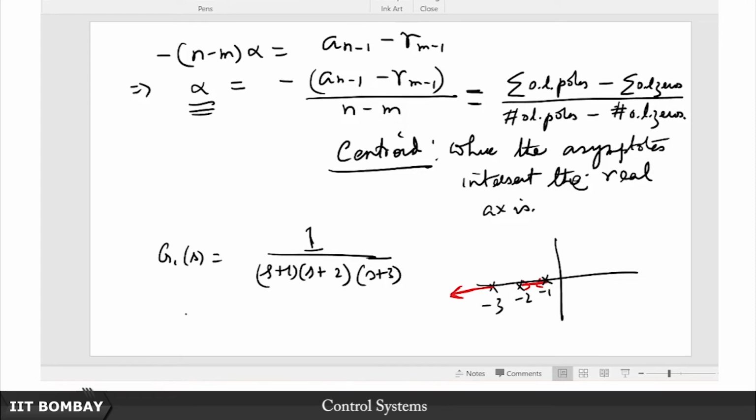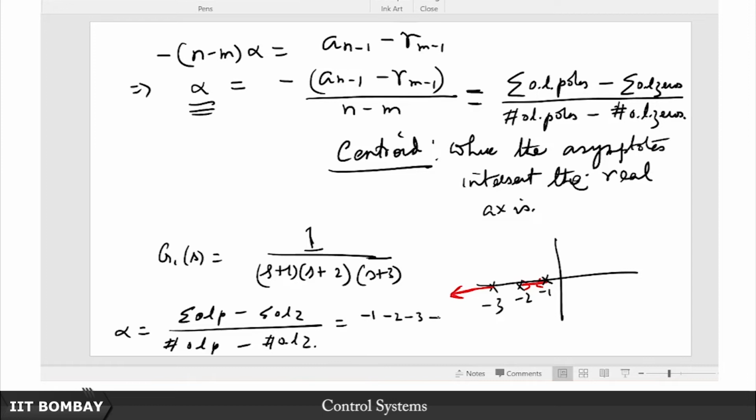So what is this? This is the sum of the open loop poles minus the sum of the open loop zeros, upon the number of open loop poles minus the number of open loop zeros. So what is the sum of the open loop poles? Minus 1, minus 2, minus 3, and there are no finite open loop zeros.